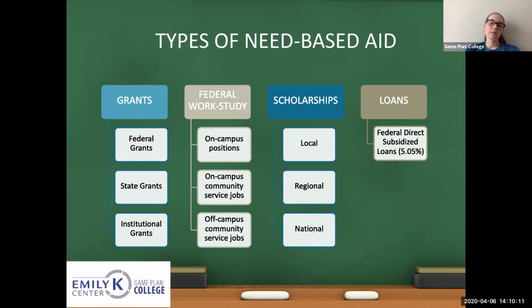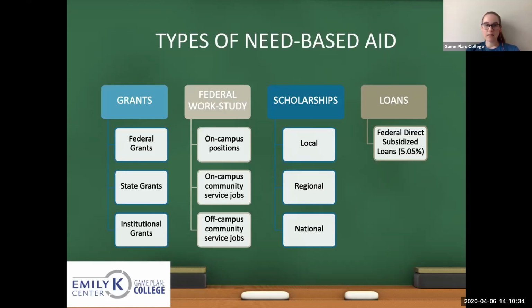It could be an on-campus community service job or off-campus community service job. It really just depends on how your college structures federal work study, and it depends on each college. So wherever you decide to attend, if you do choose to do work study, they will shepherd you through that process.